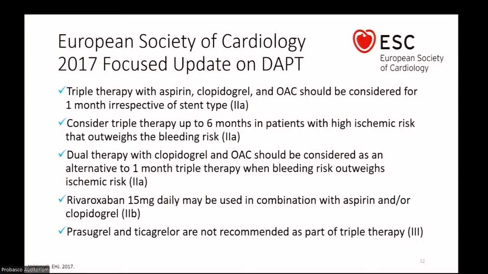Dual therapy with clopidogrel and oral anticoagulation should be considered as an alternative to 1 month triple therapy when the bleeding risk outweighs the ischemic risk. They also mentioned rivaroxaban 15 milligrams daily may be used in combination with aspirin and or clopidogrel, and we'll look at that dosing in a trial a little bit later. They do not recommend prasugrel or ticagrelor as part of triple therapy at this time.